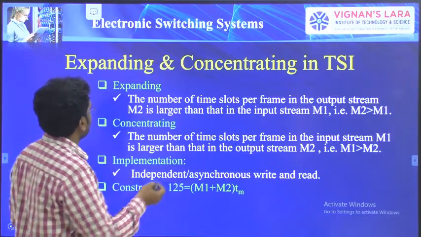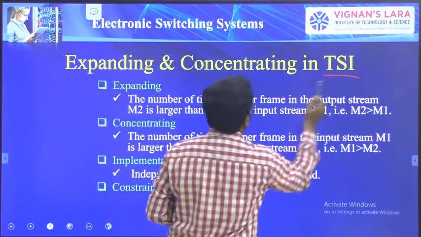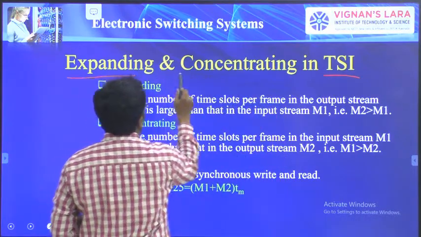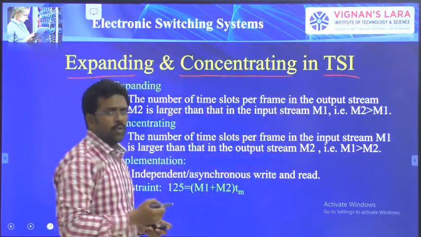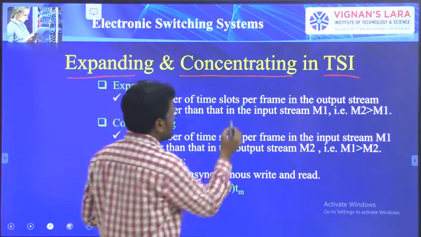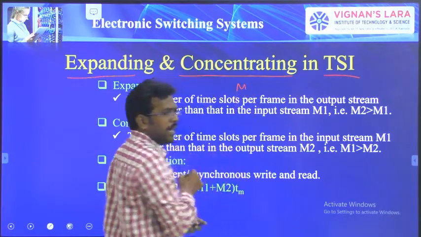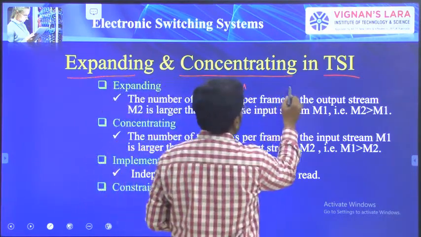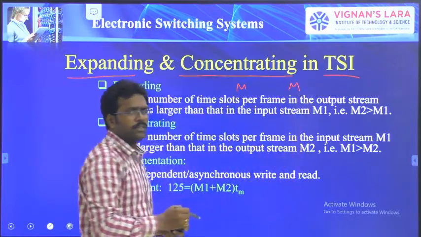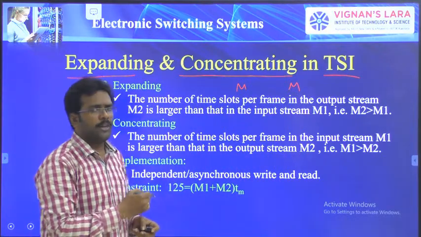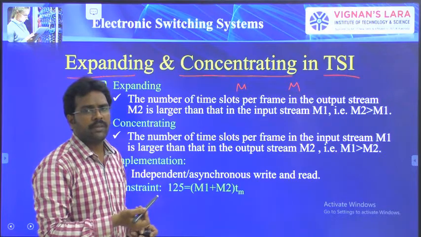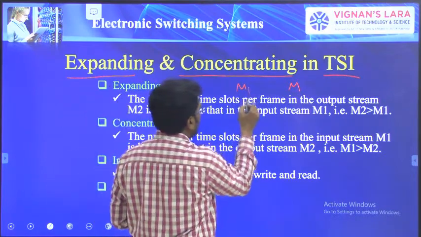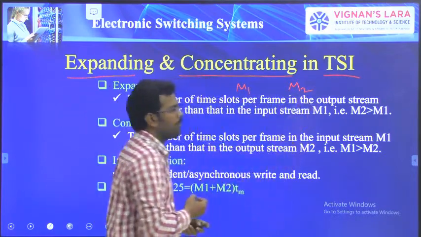One more thing is we can also operate this TSI in expanding mode and in concentrating mode. So far, what we see is that the inlet side contains M time slots and the outlet side contains M time slots. Generally, these time slots may not be the same; they may be different. So if they are different, I can take them as M1, M2.